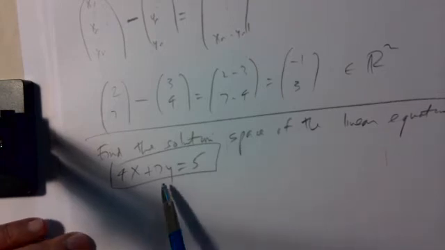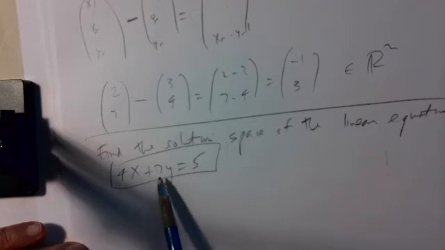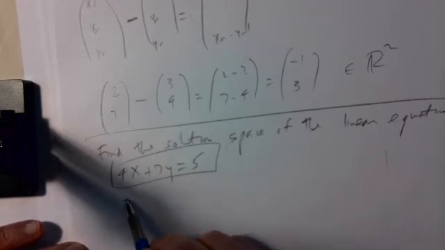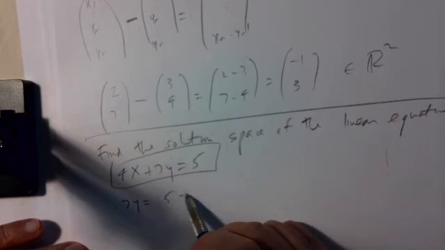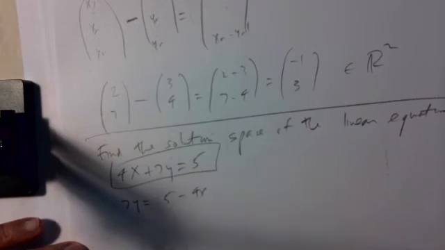So let's do what we did in high school. Solve this equation for y in terms of x. You would get 7y is 5 minus 4x, or if you divide by 7, y is equal to 5 over 7 minus 4 over 7 x.